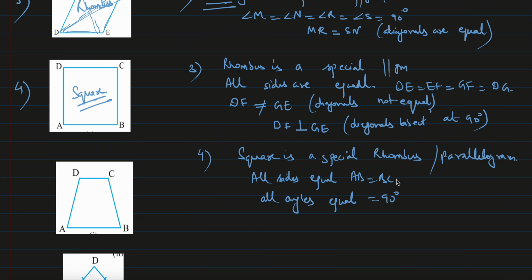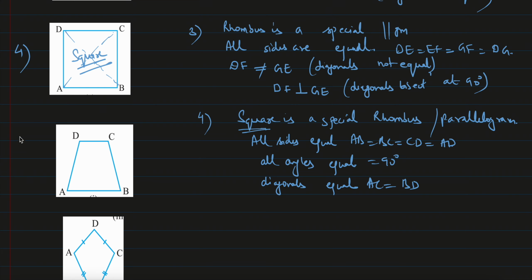AB equals BC equals CD equals AD, and diagonals also equal. Diagonals meet at 90 degrees also. Diagonals equal means AC equals BD, because if I join diagonals it's AC and BD like this.